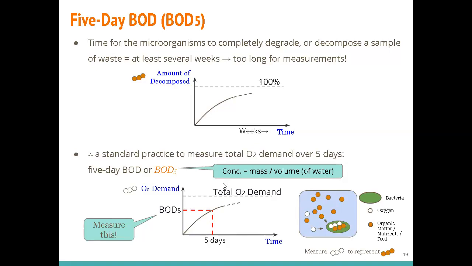So you're using the concentration of oxygen to estimate the amount of brown dots, which is the organic matter. It's representing the amount of organic matter. You're using the BOD amount to guess the amount of organic matter.